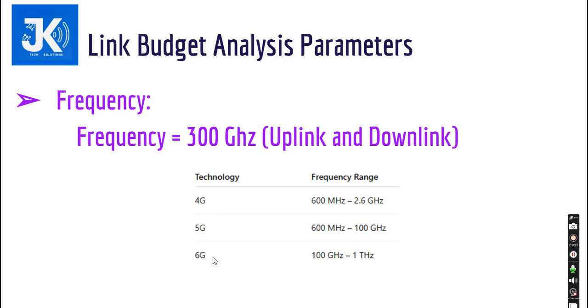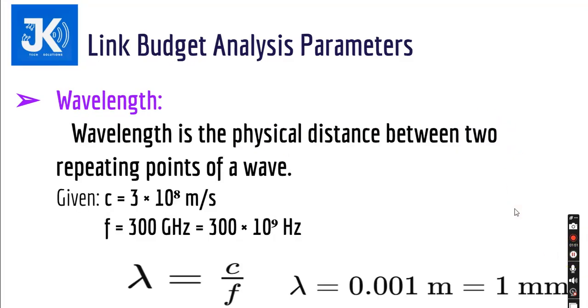Now we are going to calculate the link budget analysis for 6G communication. For this, we have taken the frequency of about 300 gigahertz for both uplink and downlink. The next important parameter is the wavelength. The wavelength is the physical distance between two repeating points of a wave.